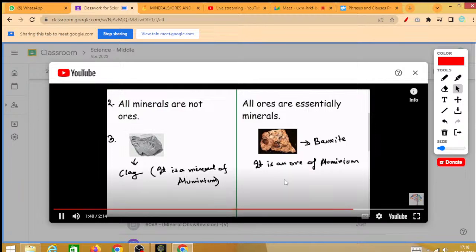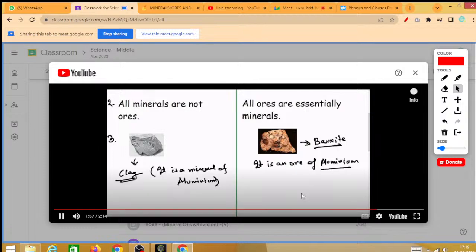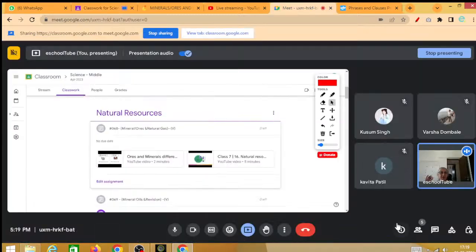So from bauxite, it's more economically feasible to extract aluminium. Hence, we call this an ore of aluminium, and clay is just a mineral. So, with that, I conclude this lecture. Thank you. So now all of you have understood the differences between minerals and ores, right? Very simple. And with the example it became even easier, right?